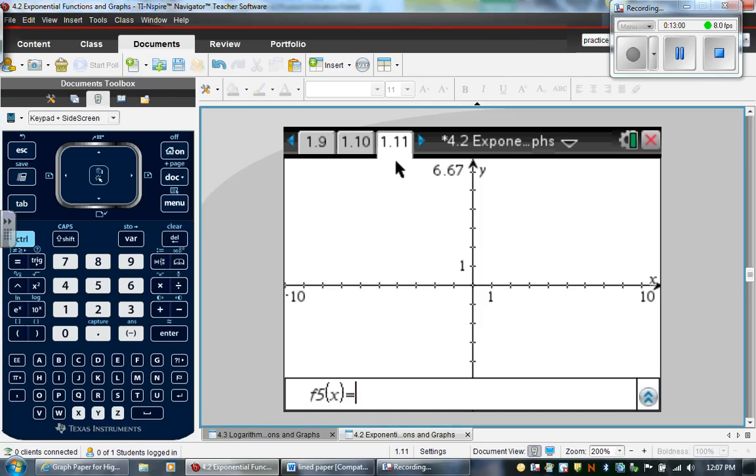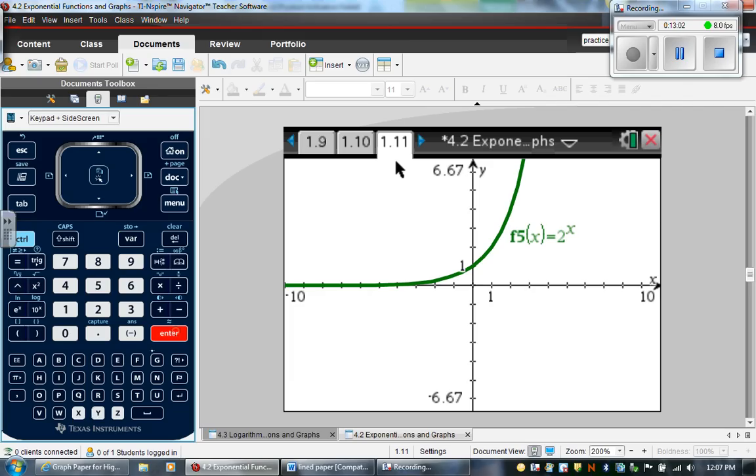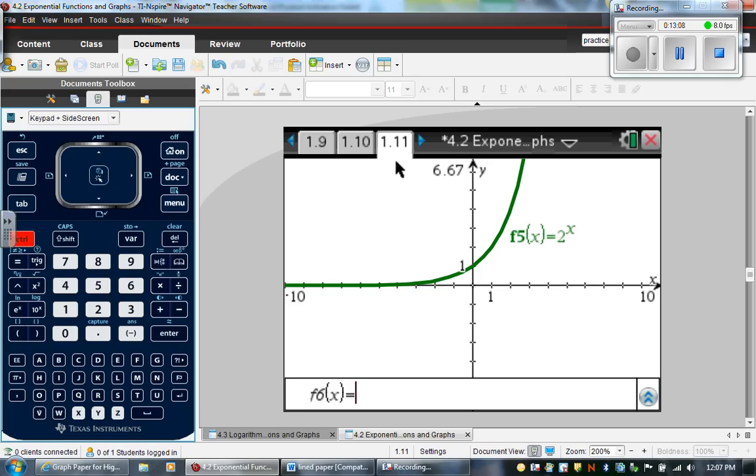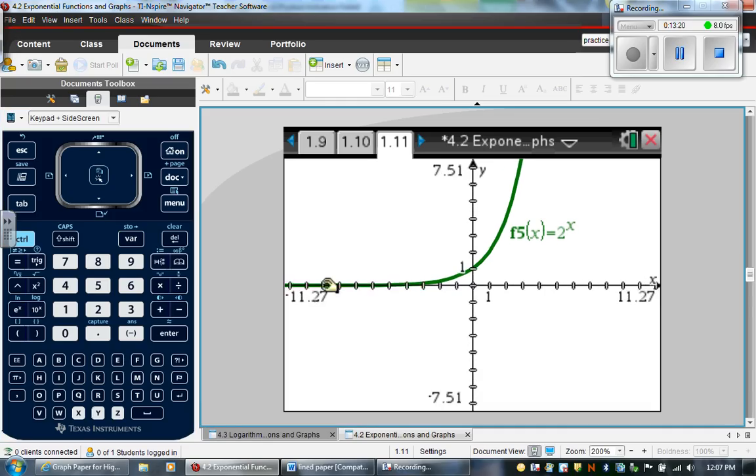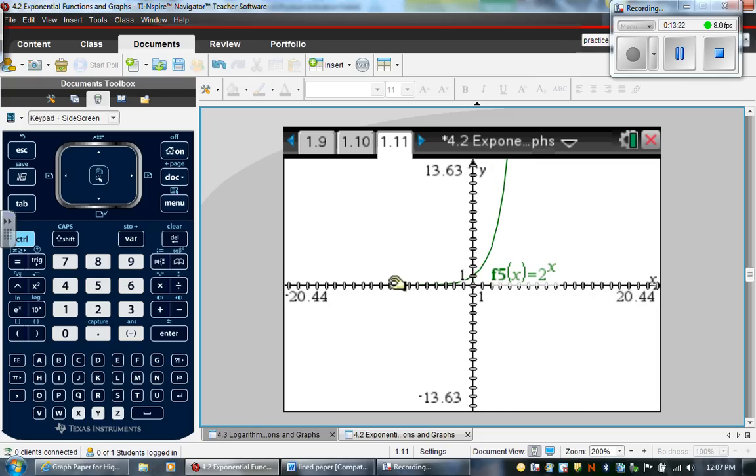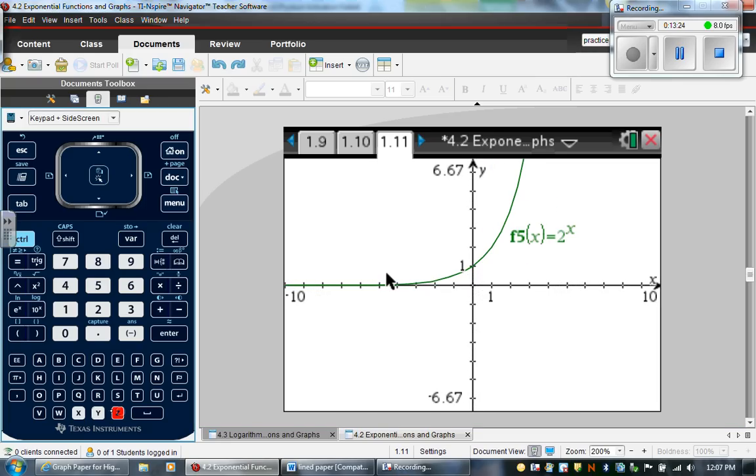So we've got 2 raised to the x as my parent function. Notice horizontal asymptote at y equals 0. And we have 5 minus 0.5 raised to the x. So I'm assuming that we're going to have a reflection in the x-axis. Instead of increasing as x approaches 0, I'm going to be decreasing.